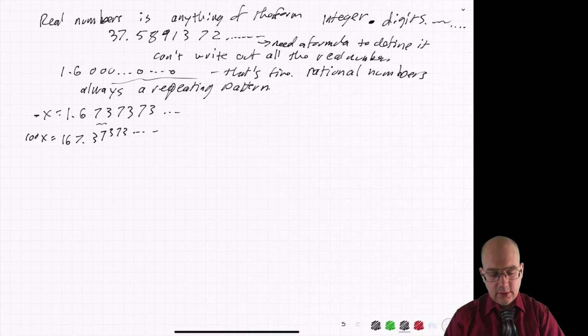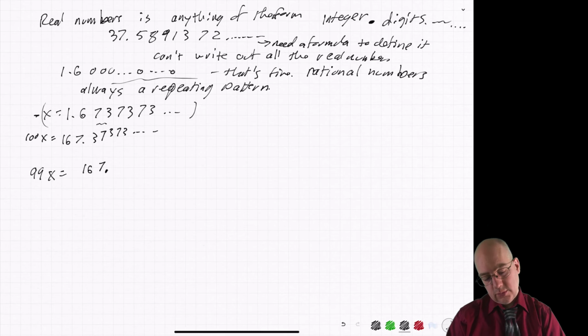And so now you subtract these two things, and you get 99x equals 167.3 minus 1.6, right? And the rest, this is the trick, they all canceled.